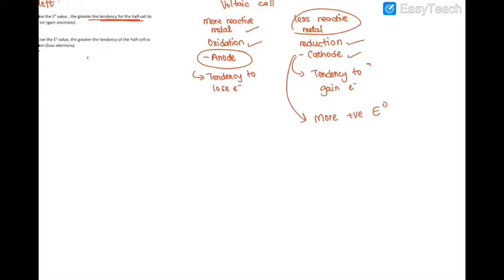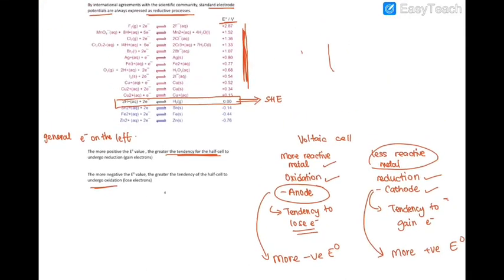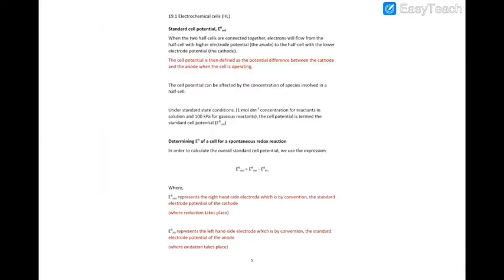If it has less positive or more negative inert values, it means that it's going to have greater tendency to lose electrons, means it's going to have greater tendency to undergo oxidation. So these ones, they will have greater tendency to be the anode, and these ones will have greater tendency to be the cathode. When two half cells are connected together, electrons flow from the anode to the cathode.